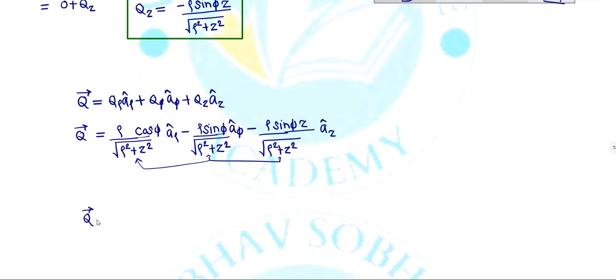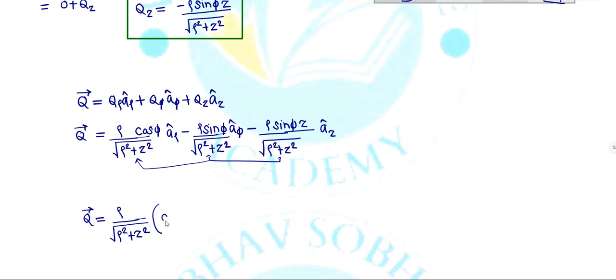So your given vector q in its cylindrical form will be what now? That will be rho divided by square root of rho square plus z square, and so we have taken it as common.